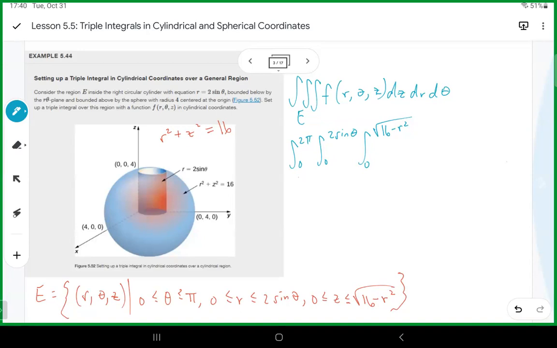And then I think they just wanted us to set it up. I don't think they wanted us to go any further than that. So you didn't have to solve it, just have to set it up.